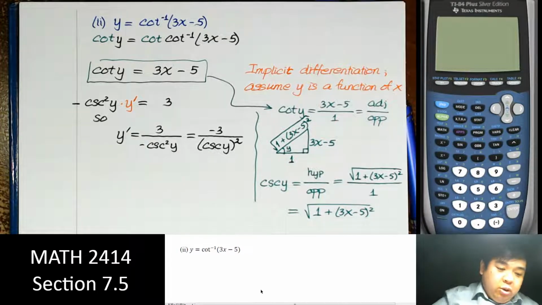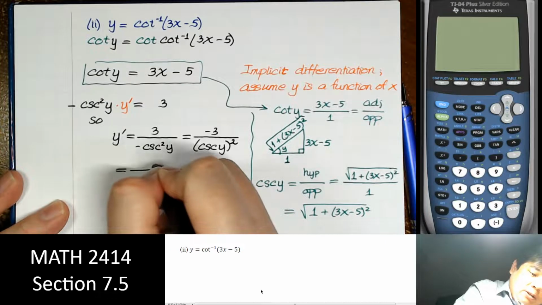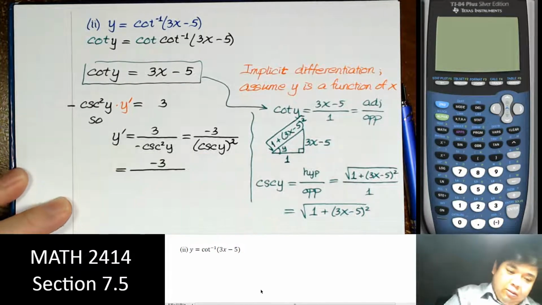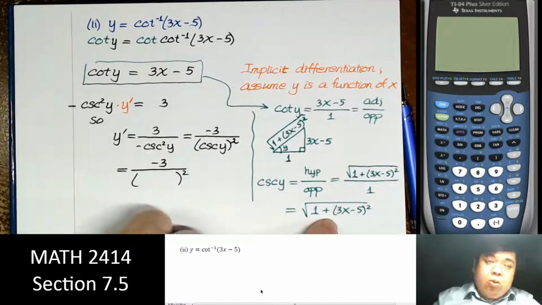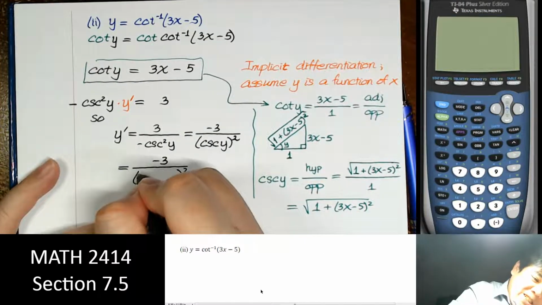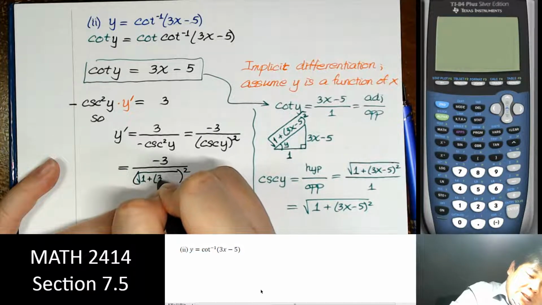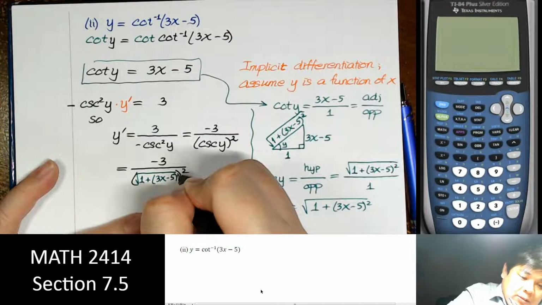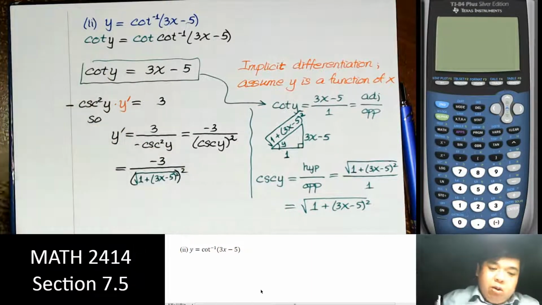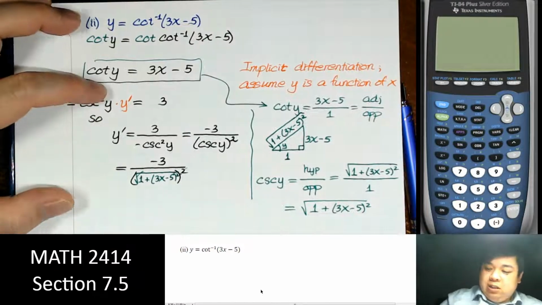Substitute back into the cosecant. It will be that square root. The square cancels the square root.